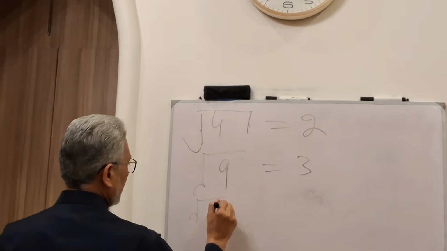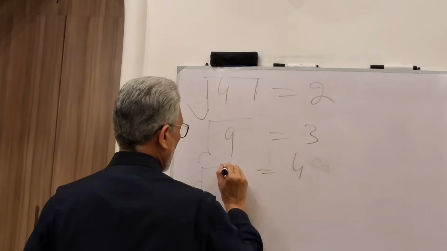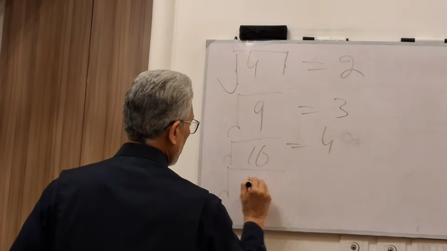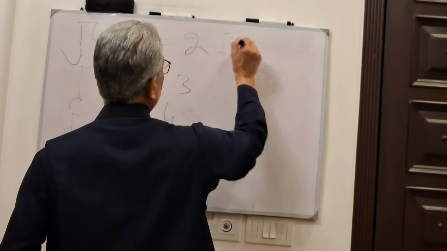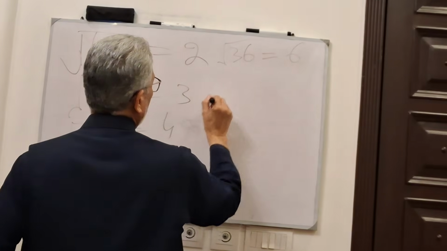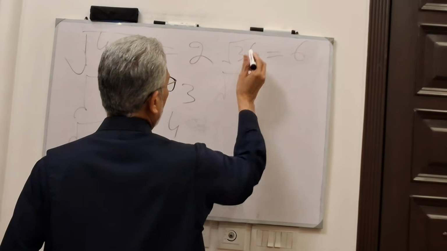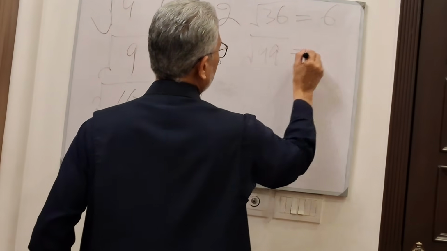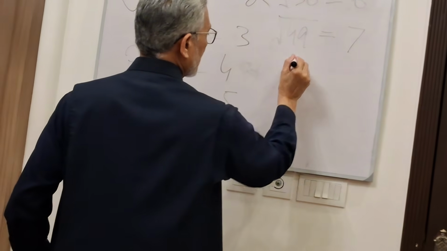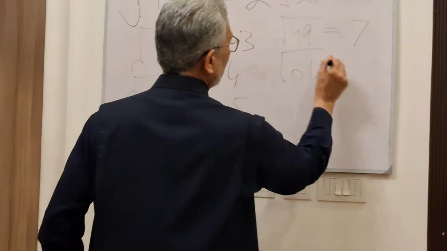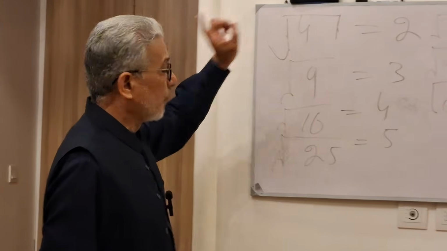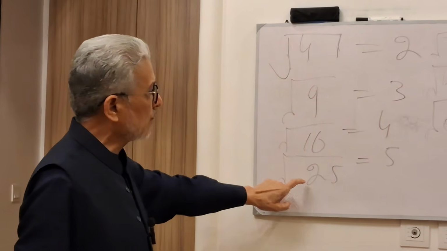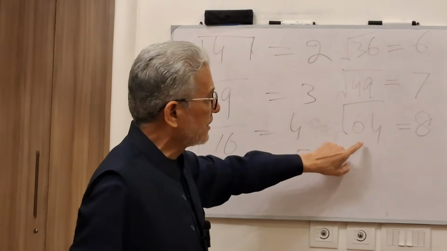Then the square root of 16, the answer is 4. The square root of 25, the answer is 5. The square root of 36, the answer is 6. The square root of 49, the answer is 7. The square root of 64, the answer is 8.